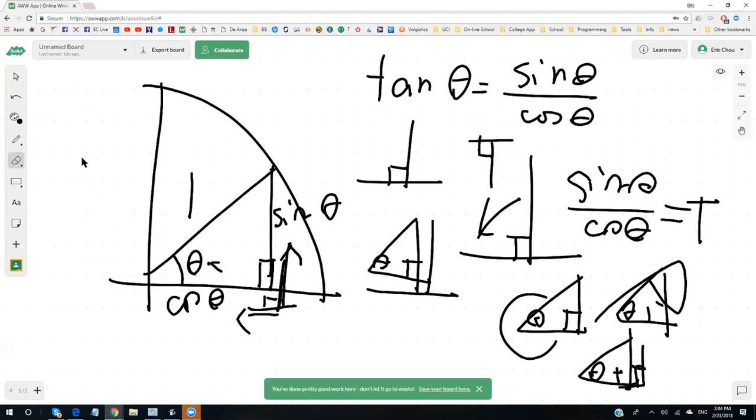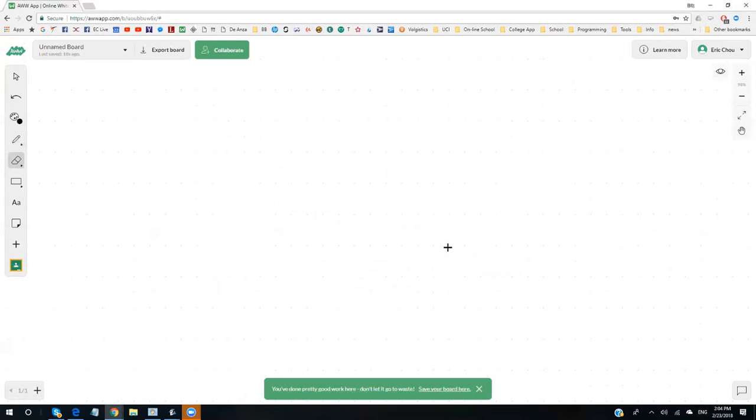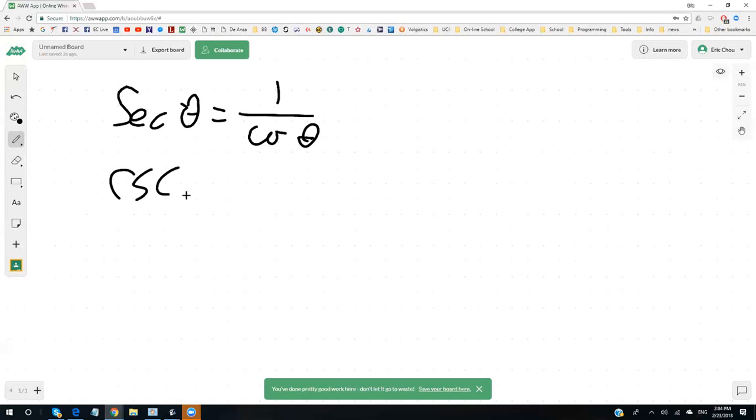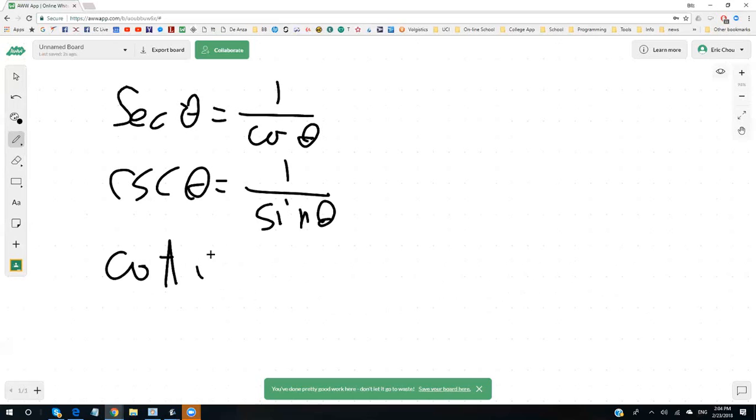Now, these three, we come from these three. We have the sine, cosine, and tangent we define. Then secant theta equals 1 over cosine, and then cosecant theta equals 1 over sine, and then cotangent theta equals 1 over tangent.